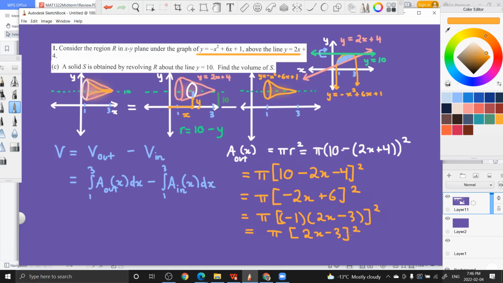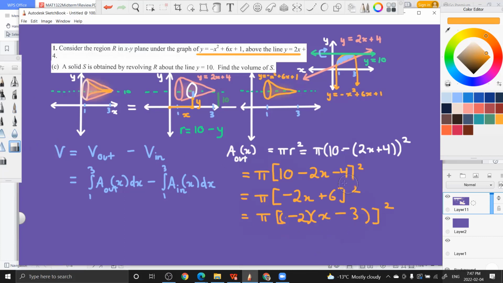It's like pi times (negative 2x plus 6), and then factoring out negative 2, x minus 3. Yeah, you're right. Is this better? Yeah, that's right.